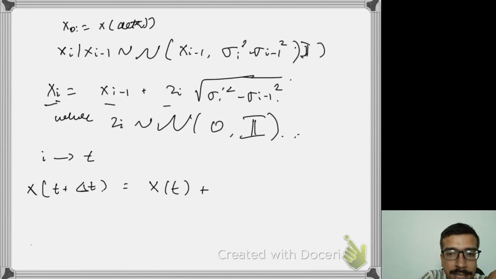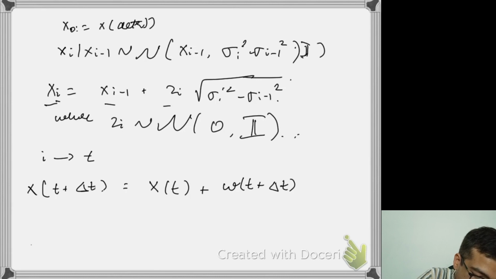I already have access to Brownian motion. Since I want an independent random variable at every time step, I use the independent increment property of Brownian motion. Let me take the increment w of t plus delta t minus w of t.